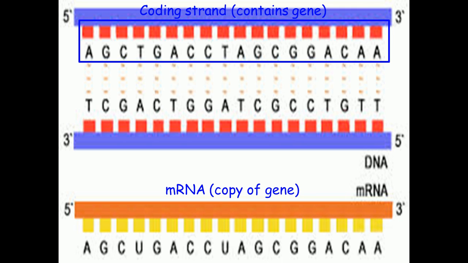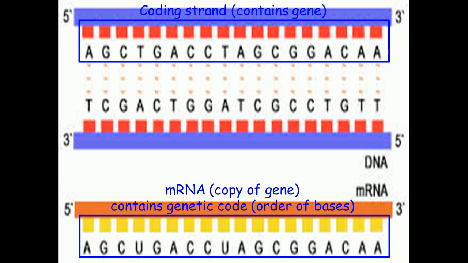And that mRNA contains the same order of bases as the DNA in the gene. So that means that it is a copy of the instruction to make the protein. And because DNA is too large to leave the nucleus, we can send the single-stranded mRNA copy, which has the same instruction to make the protein, to the ribosome.